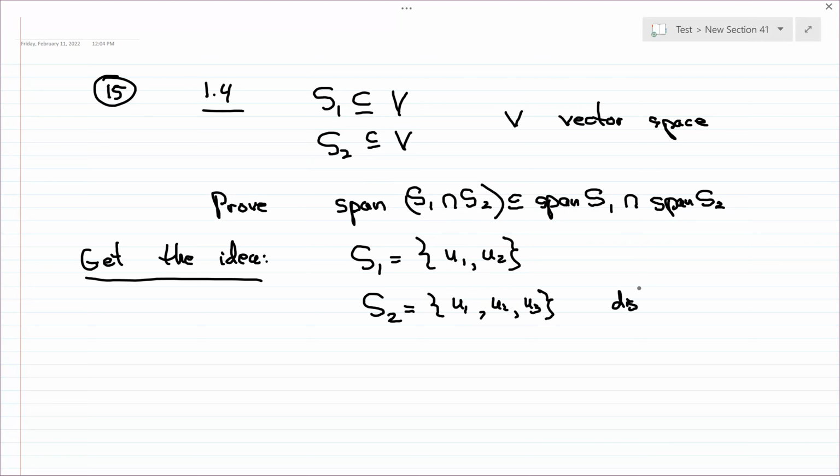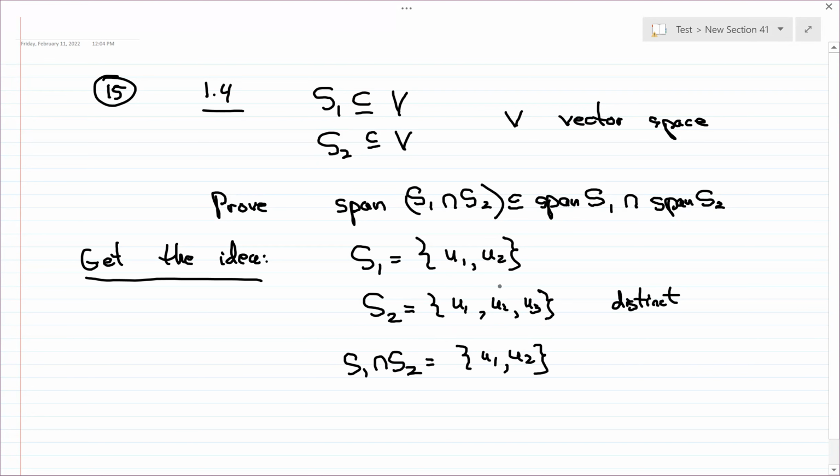Then the intersection would be the vectors that are in both, right? Which would just be U1 and U2. You would lose U3 because it's not in both.